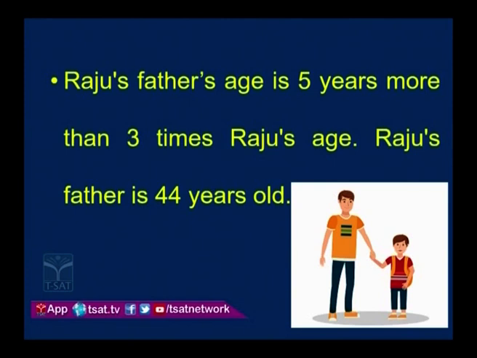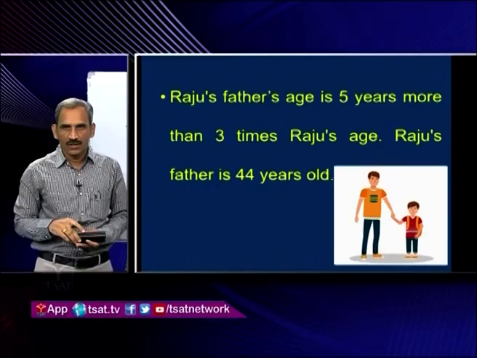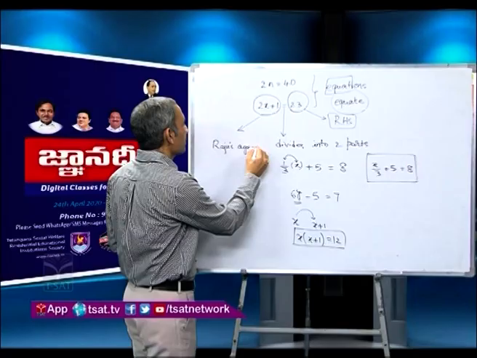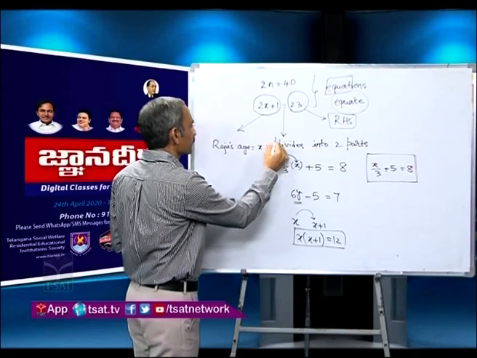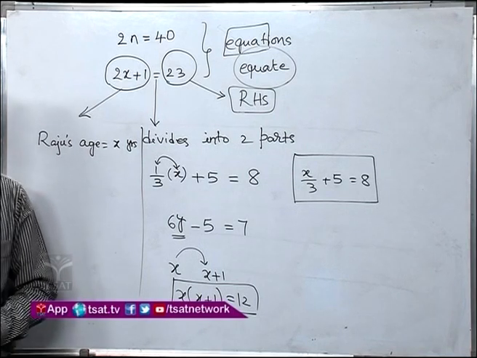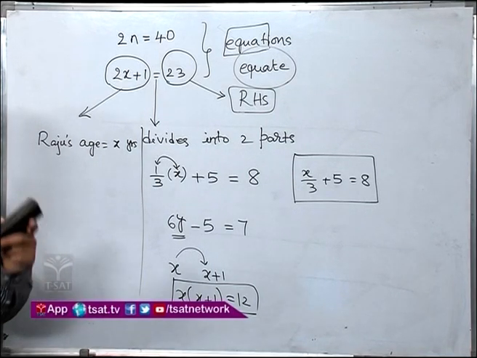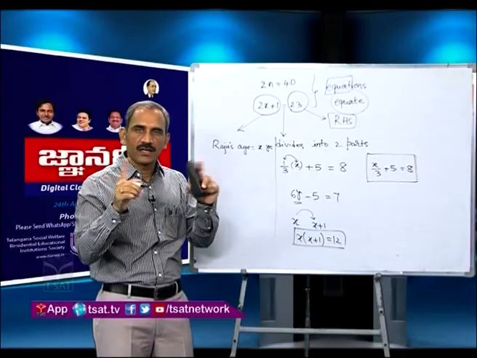Okay. Here we don't know Raju's age, but we know his father's age. So, now let us take Raju's age as some x years. As we don't know the age, let us take it as x. Now, how are those two persons' ages related?